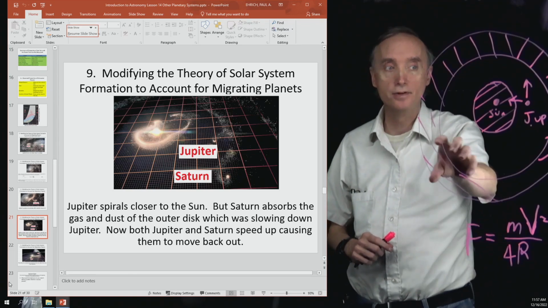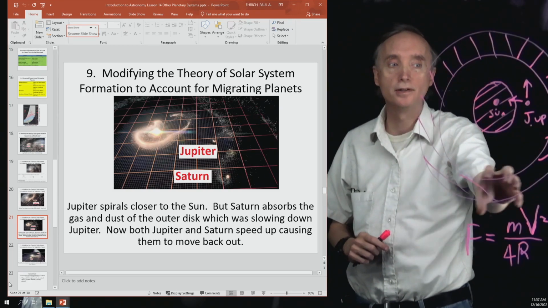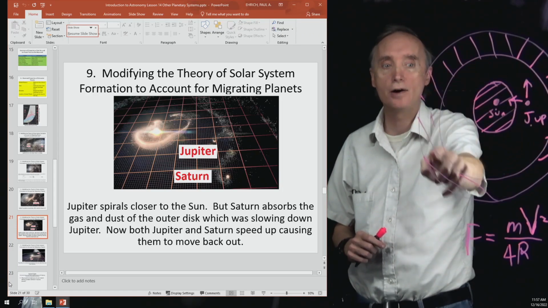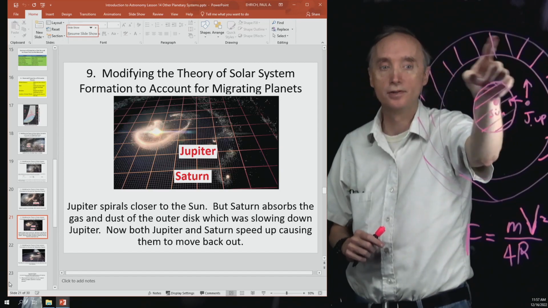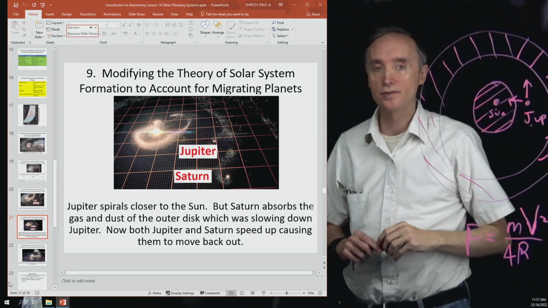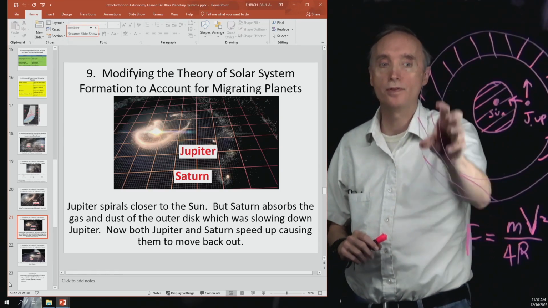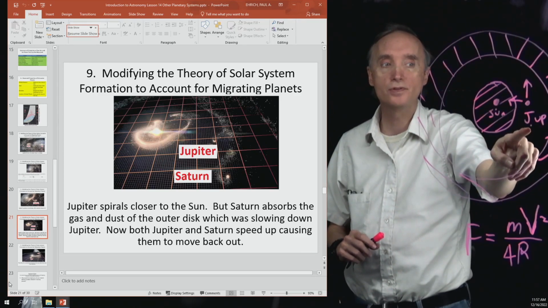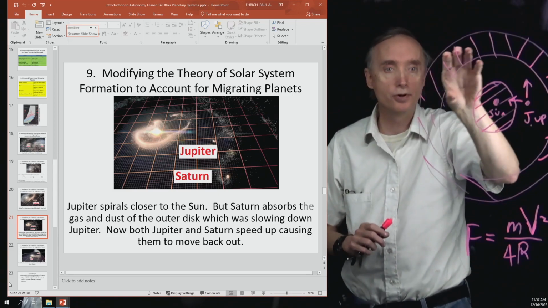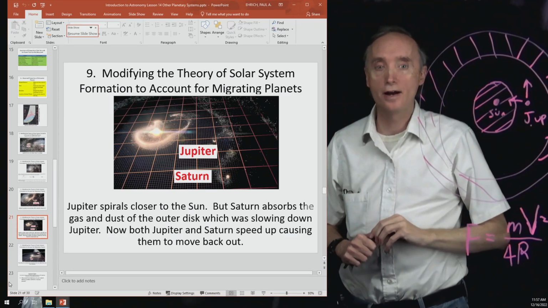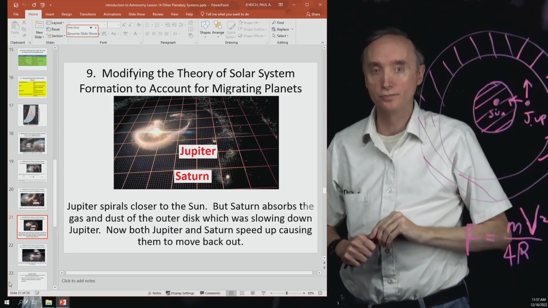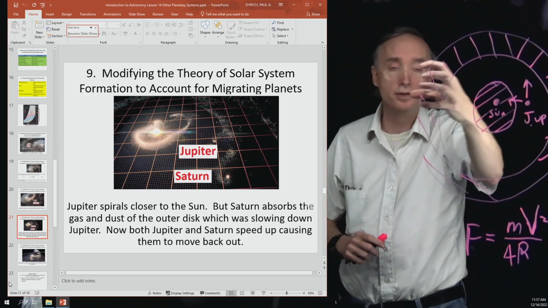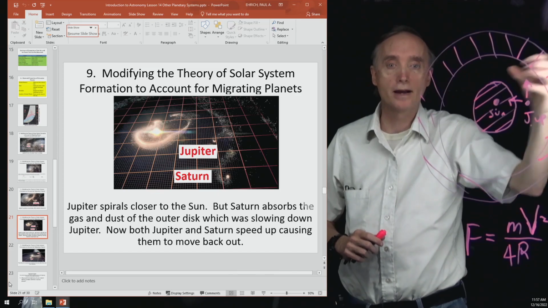So Saturn is further out here, and it is eating away at this outer disk. So Saturn is eating this outer disk, and then without the outer disk, Jupiter can speed up, and Jupiter can start to move further out in the solar system. So Jupiter started to move towards the sun, but then it started to pull back out.